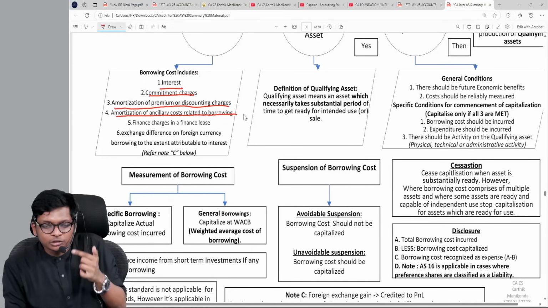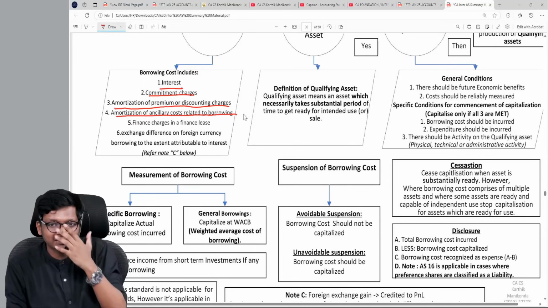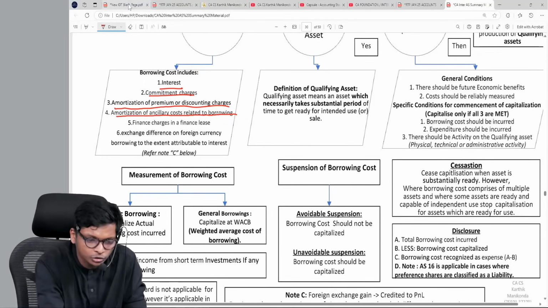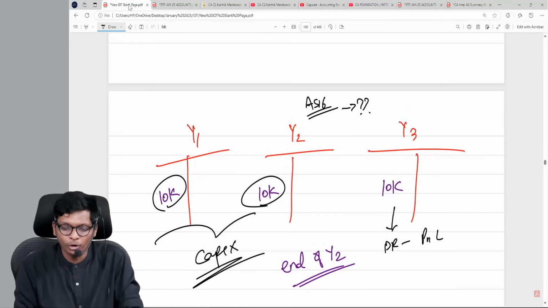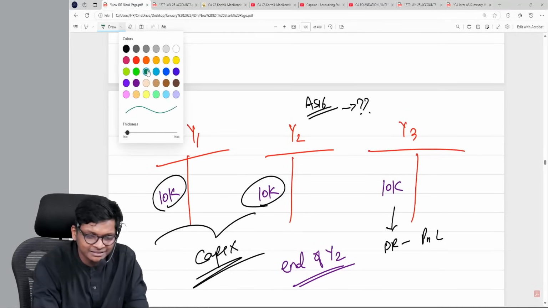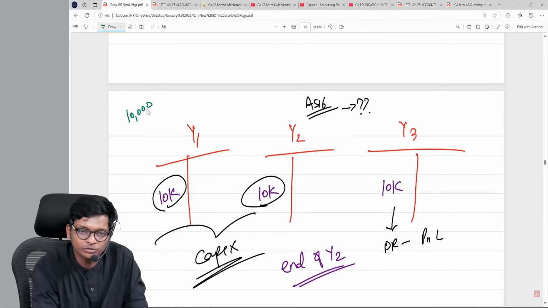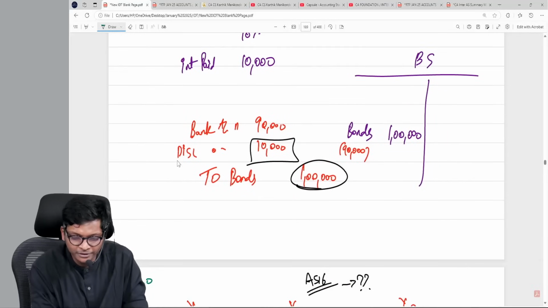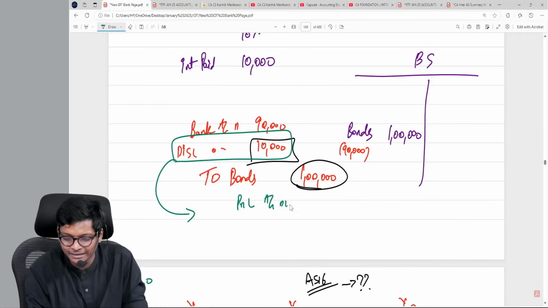That means discount on issue of shares or debentures, that discount on issue also is part of your borrowing cost. So how much is the discount in this case? 10,000.